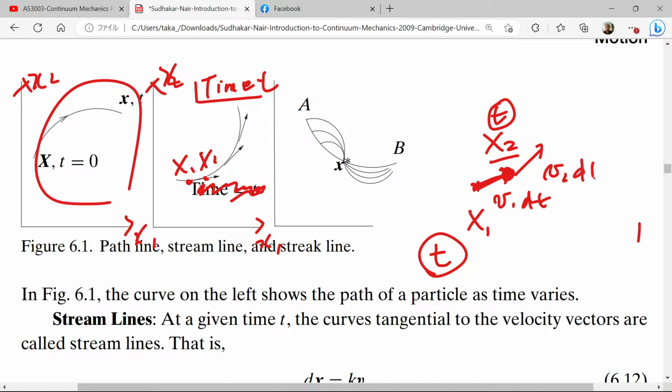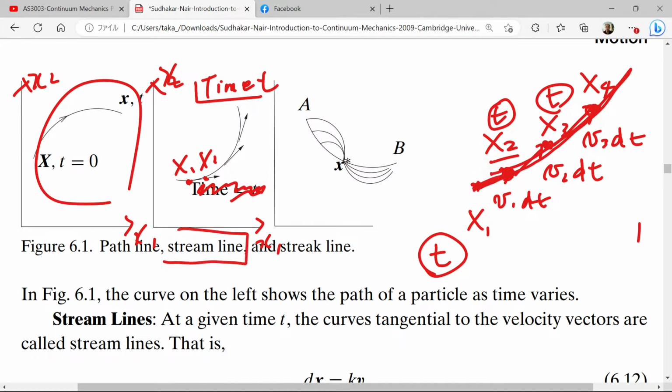Then you multiply by small dt. So you get to another point where you find another particle x3. But the time here is the same time. And from x3, you have v3, then you multiply by small dt, then you find another particle, which is x4. So this way, you can make some curve, and that's called streamline.